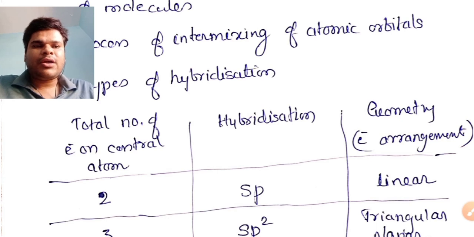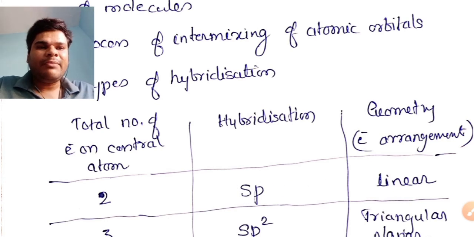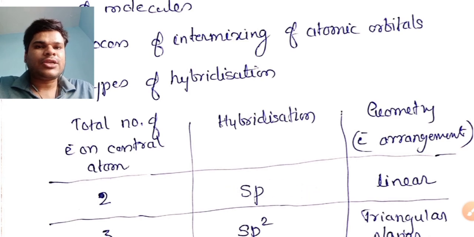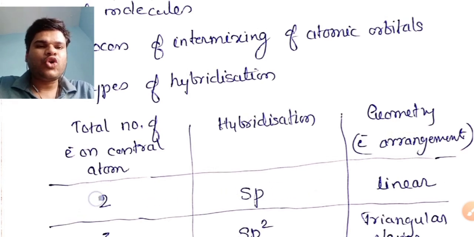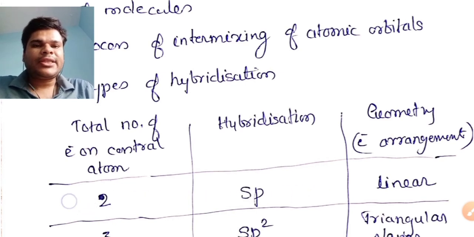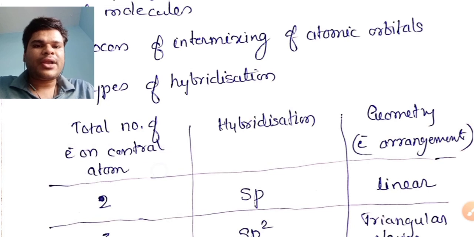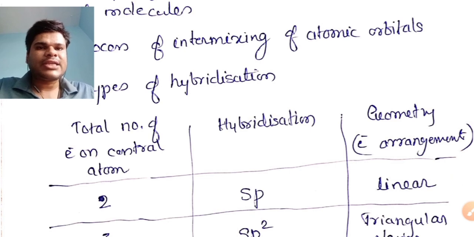Sometimes hybridization is decided depending on the geometry, but that will be risky, because if we always go by geometry to decide hybridization, there are chances that we may go wrong, but this way we will not go wrong definitely. So my recommendation is to just look at the total number of electrons over the central atom and based on that decide the hybridization. And once hybridization is decided, the geometry can be decided automatically.